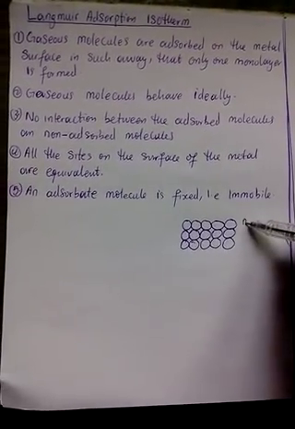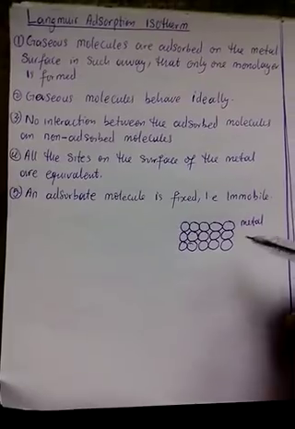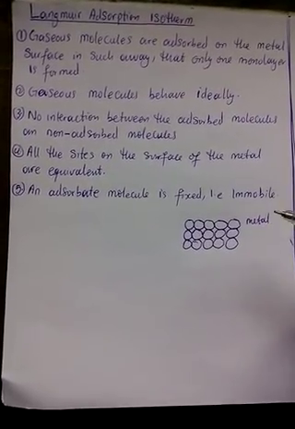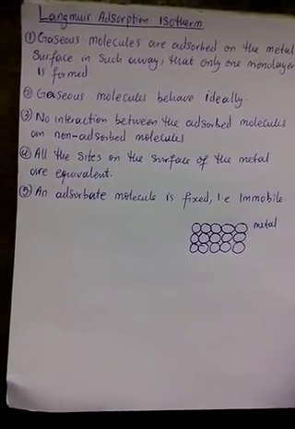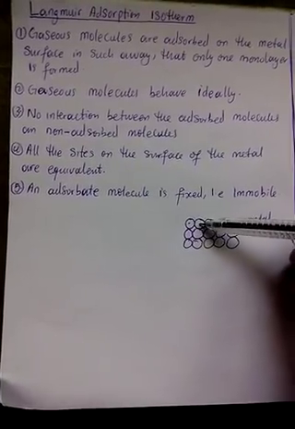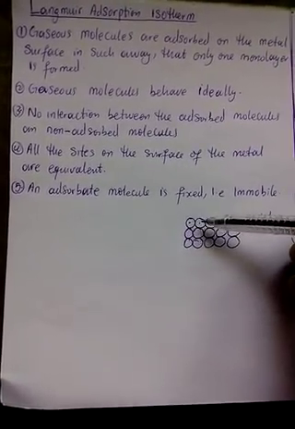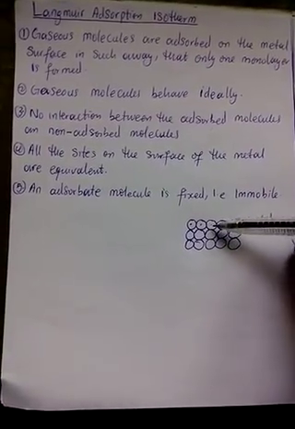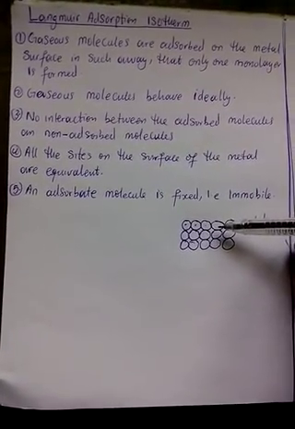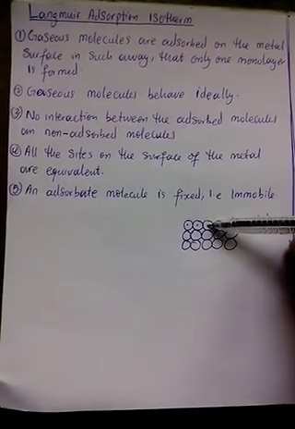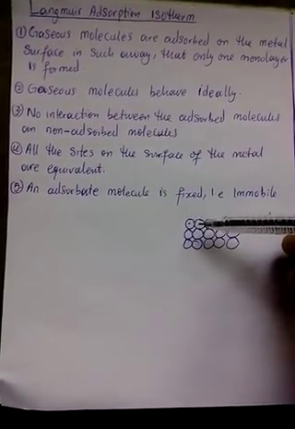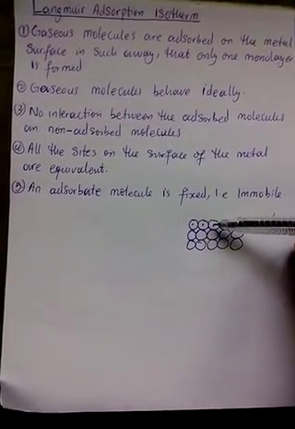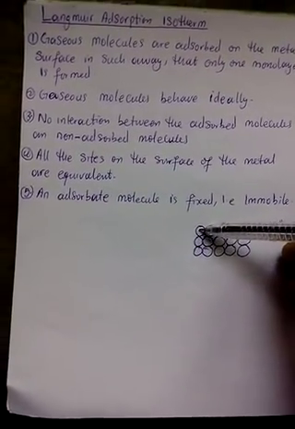So since this is a metal, it gives us a view that the gas molecule can be adsorbed on each of these, and it's not a function of whether the site here is adsorbed or not. It has equal right to be taken by a gas molecule.